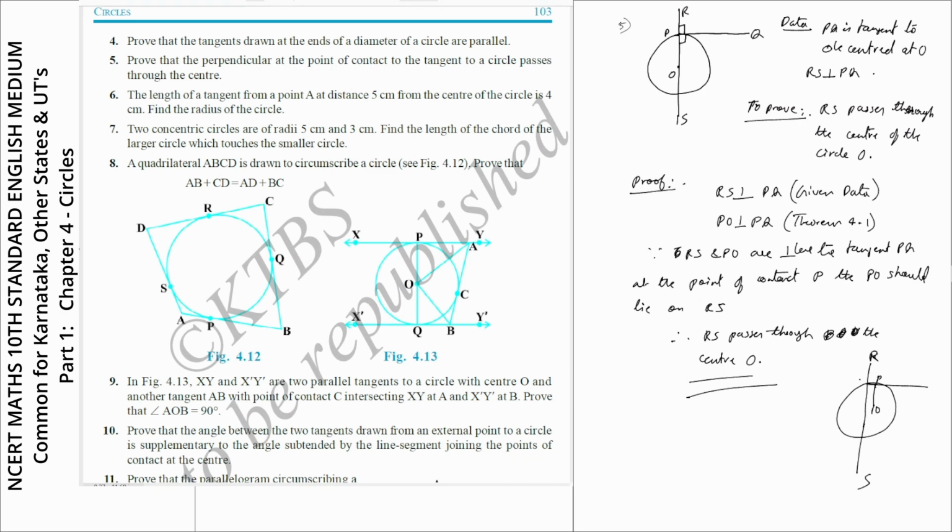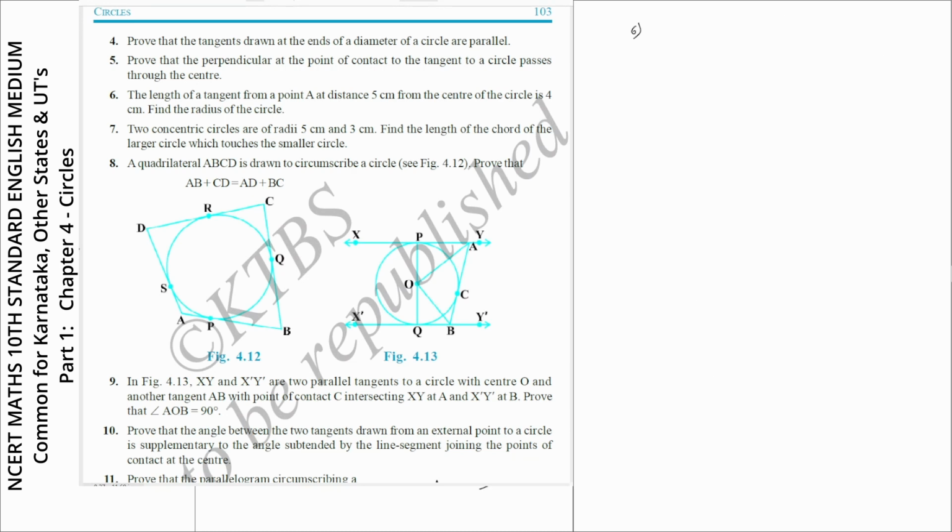So if these two don't lie on one another, the point of contact will be different, which is not possible. According to the question, the point of contact is the same. That means PO should lie on RS, and therefore RS passes through the center.